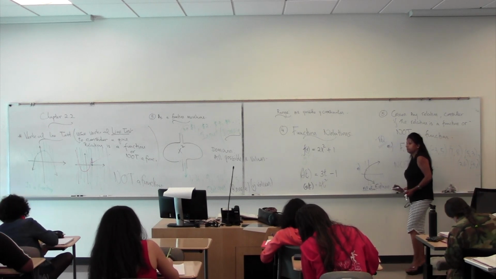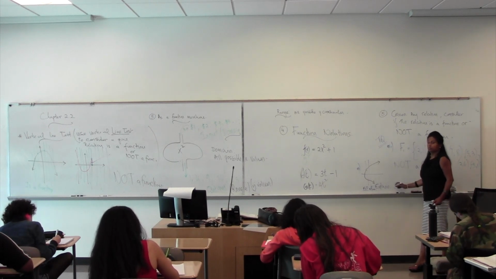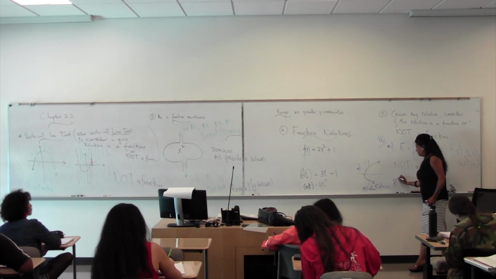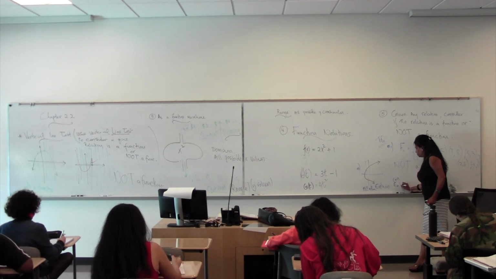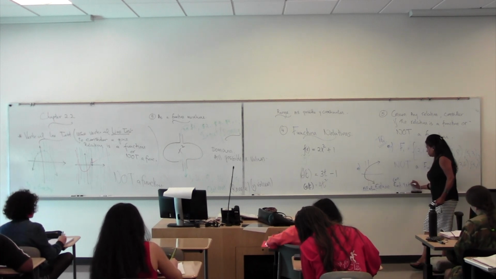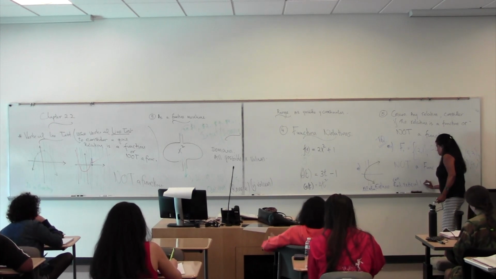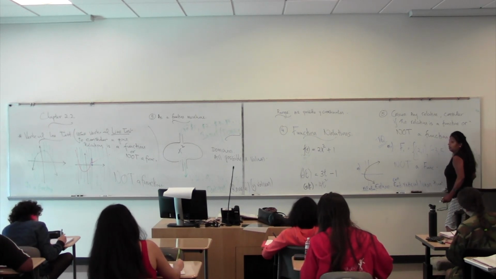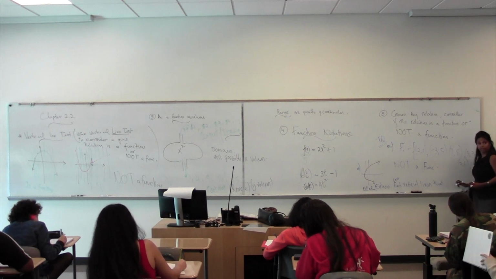Explain. We can find vertical lines that cross the graph, right?